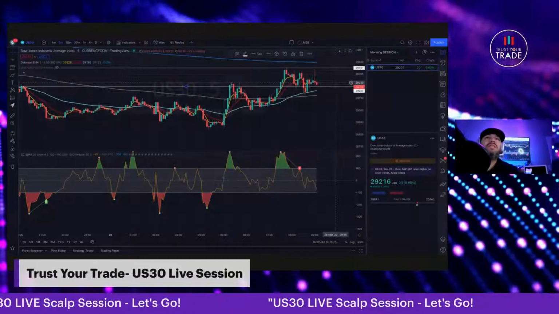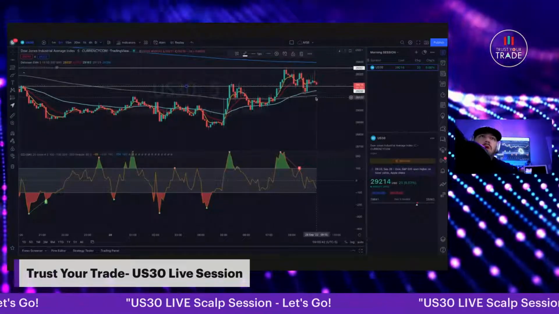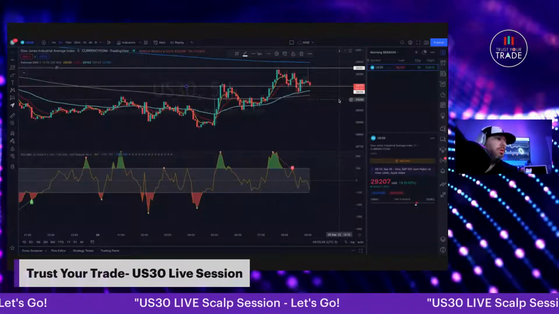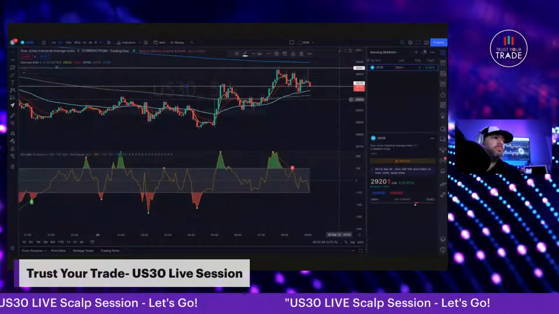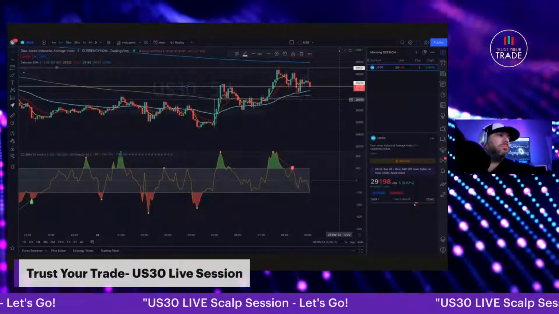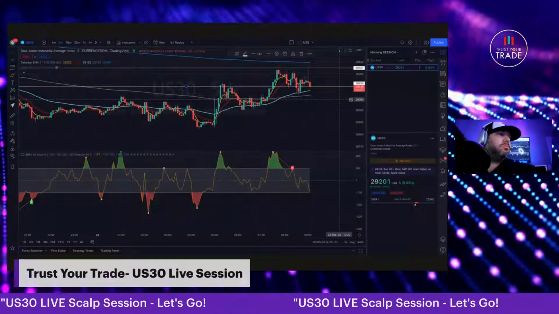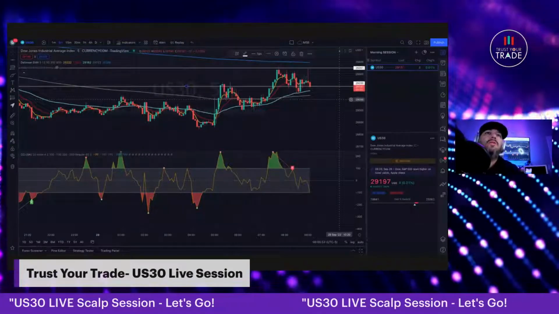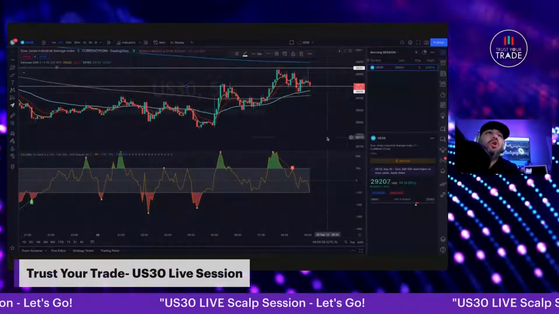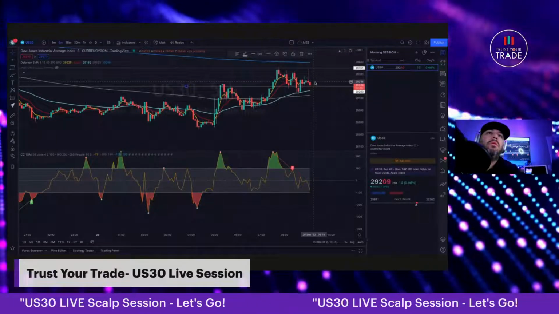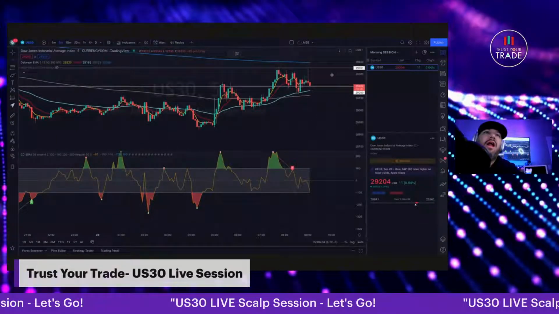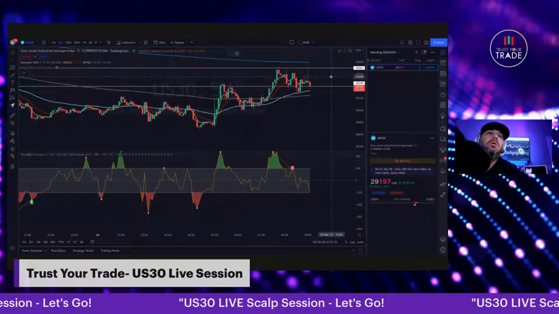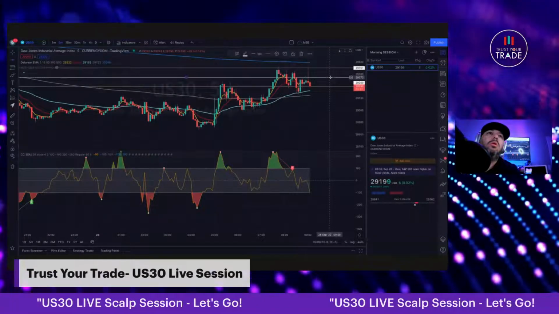But we're going to wait to see if she comes back up. If she pulls back up, let's mark off our halfway point of this zone as well.